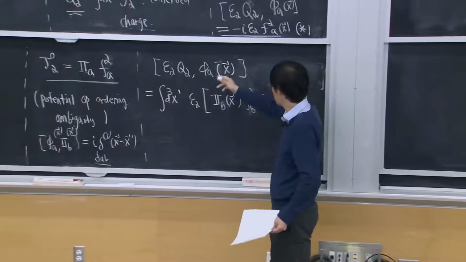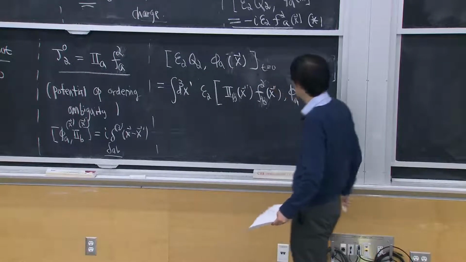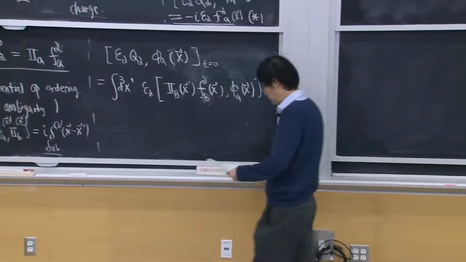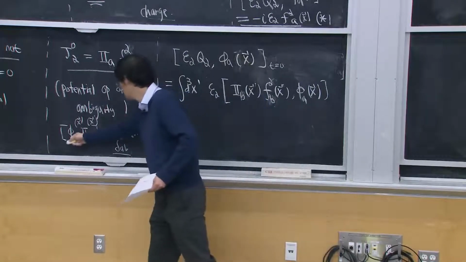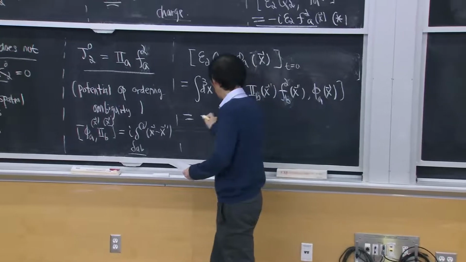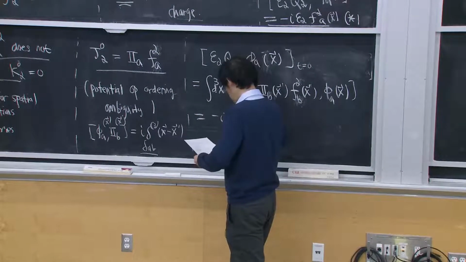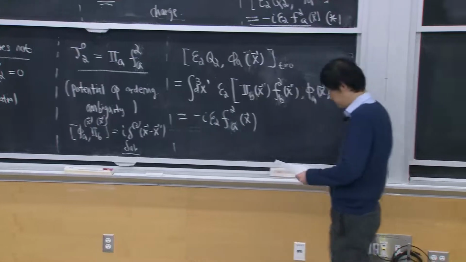We can evaluate this, for example, all at t equal to 0, so I suppress the t. Now you can just trivially use this commutation relation, and this gives you minus i epsilon alpha F A alpha, evaluated at x.